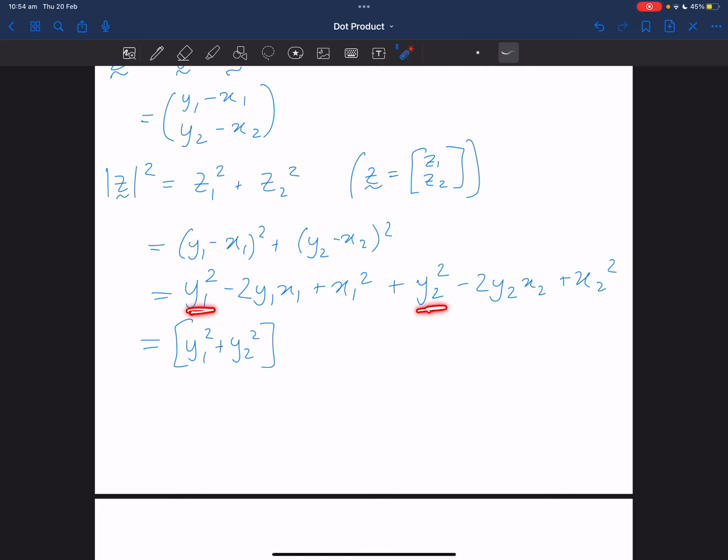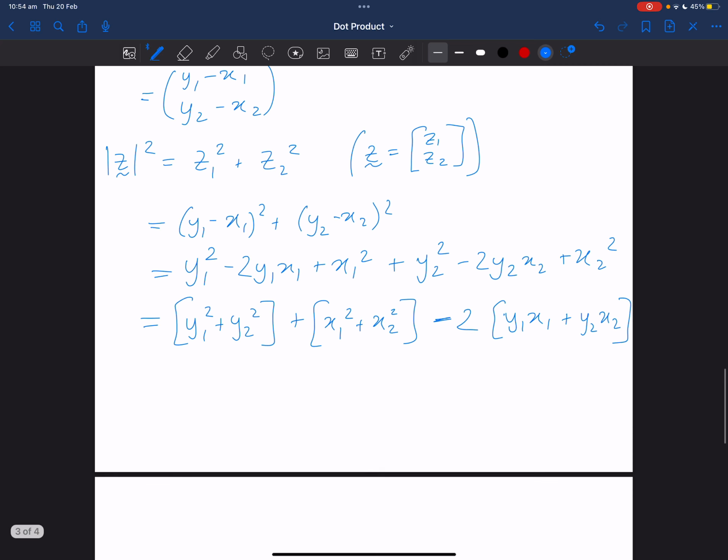This and this. We have x1 squared plus x2 squared. And lastly, we have these terms, minus 2 y1 x1 minus 2 y2 x2, so minus 2 times (y1 x1 plus y2 x2).